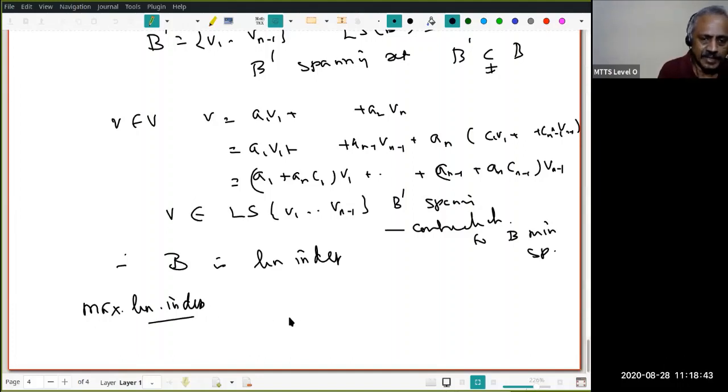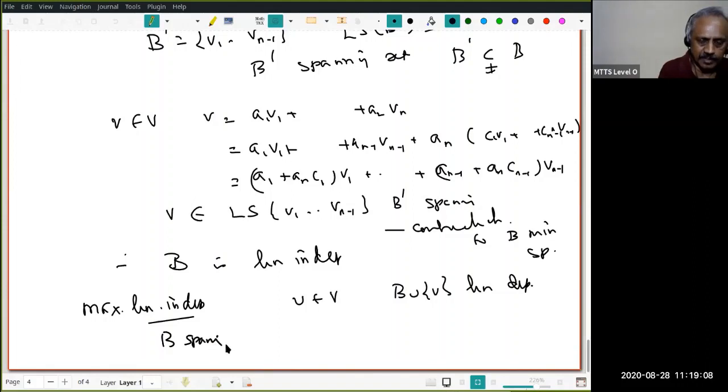What does that mean? Give me any extra vector. Suppose v is a vector in V, so that if I take B union v, this is linearly dependent. But that's obvious. Why? Because notice that B is a spanning set.